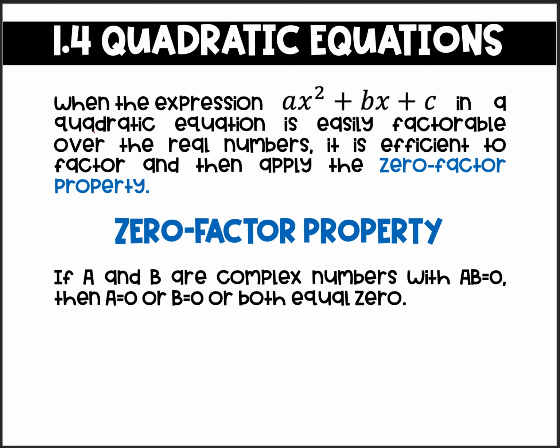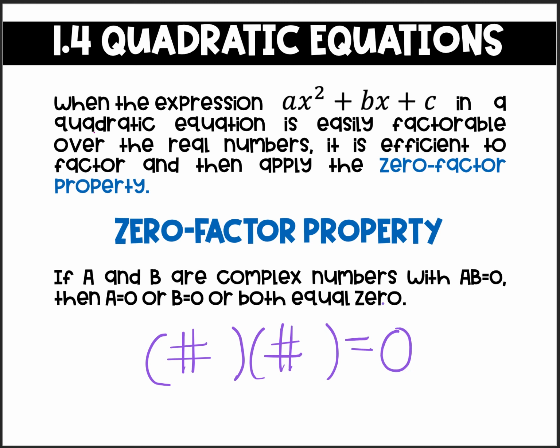Here's the explanation. If I have two things multiplying by each other, in this case we label them a and b, but it doesn't matter. We have some expression here with numbers and some expression here with numbers. When I multiply them together, they give me 0. The only way you can get 0 as a product is if one of the values is 0.